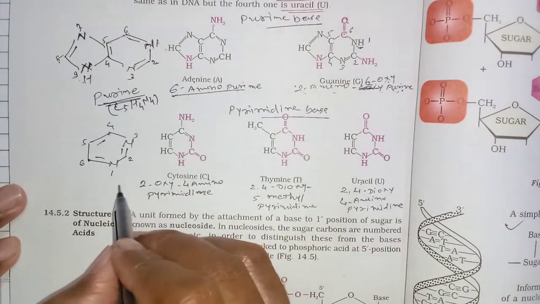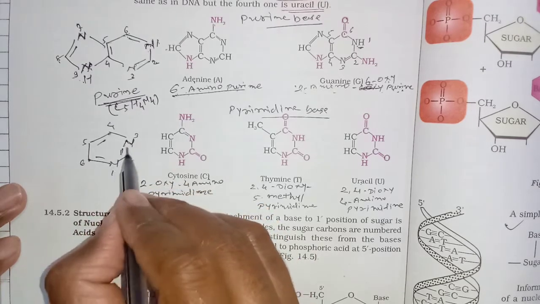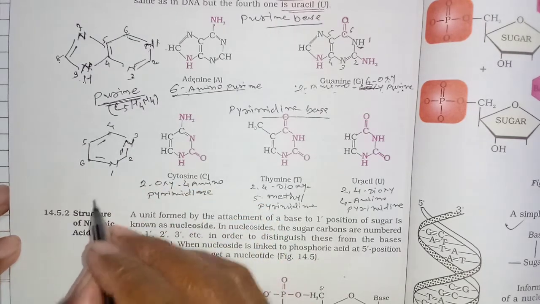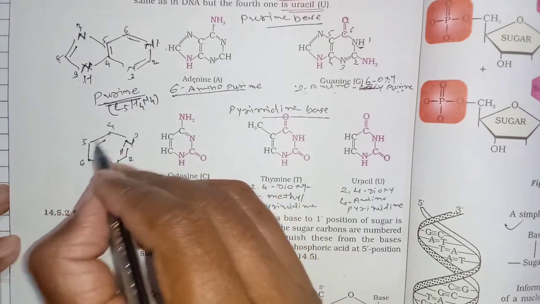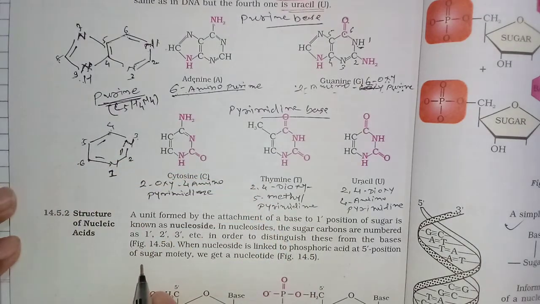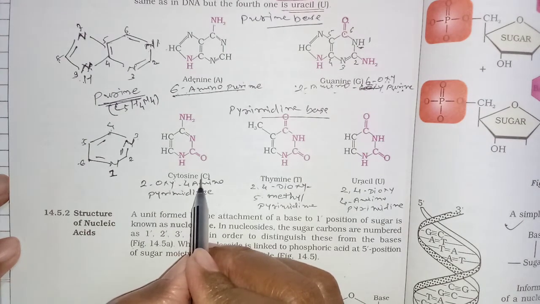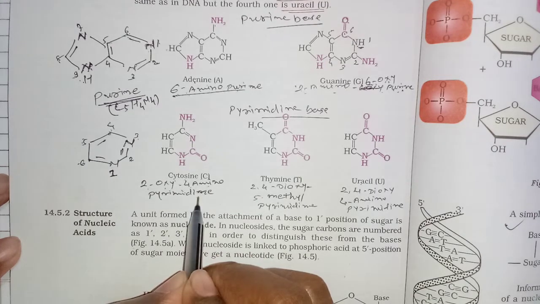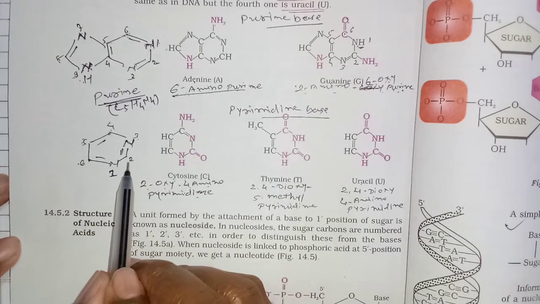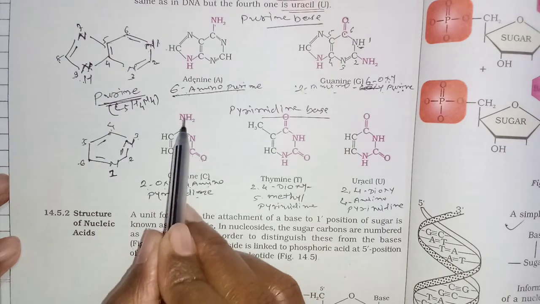The structure of pyrimidine is also a nitrogen containing heterocyclic compound, with first, second, third, fourth, fifth and sixth positions. For cytosine, its IUPAC name is 2-oxy 4-amino pyrimidine. So on the second position is a carbonyl group, and on the fourth position is an NH2 group.